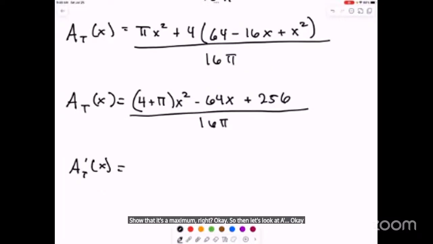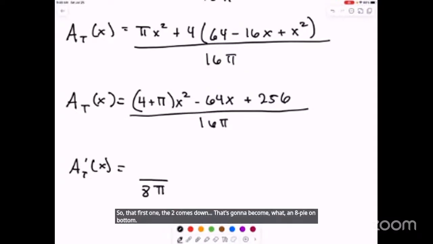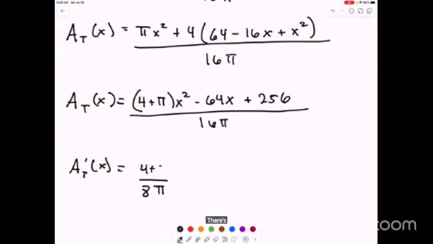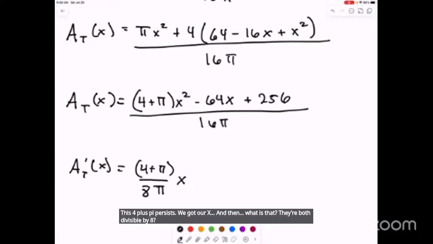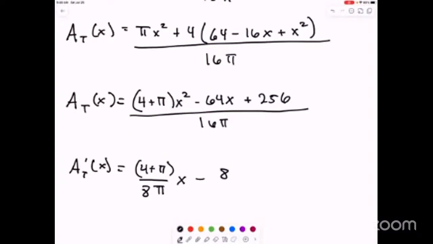For that first one, the 2 comes down, and that's going to become an 8 pi on the bottom. This 4 plus pi persists, and we've got our x. They're both divisible by 8: 8, 16.